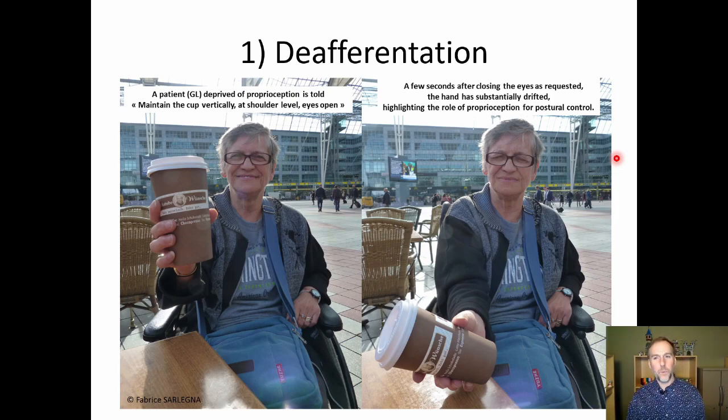Probably not a super well-paying career, but they would pay for her travel, and there'd be a bit of money, what they often call an honorarium, for coming and helping with science. So here she is, and this is an empty cup, to be safe. But they ask her to hold it, and she can't feel it. So what she does is she uses vision. So she's going to rely on vision to see where that cup is, and to grasp it.